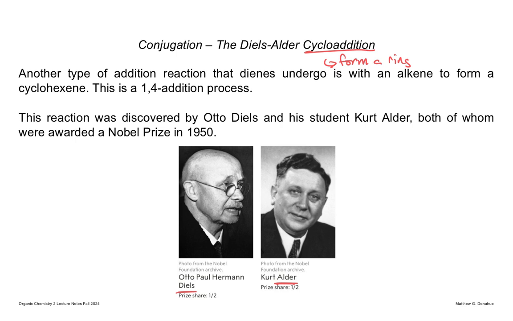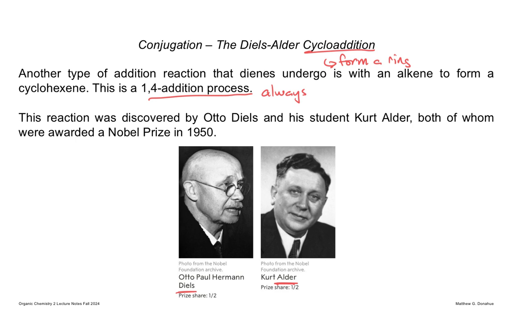The Diels-Alder reaction does not do 1-2. It always does a 1-4 addition. There are patterns to the carbon atoms that we're going to look for to say, okay, that has to come from a Diels-Alder reaction. They won a Nobel Prize in 1950 for this work.